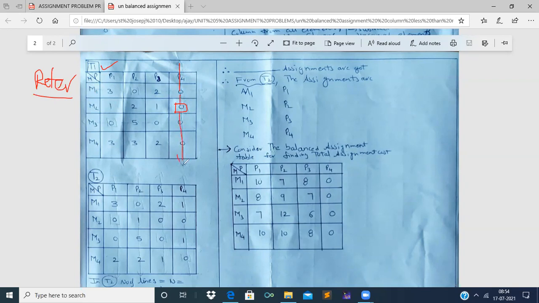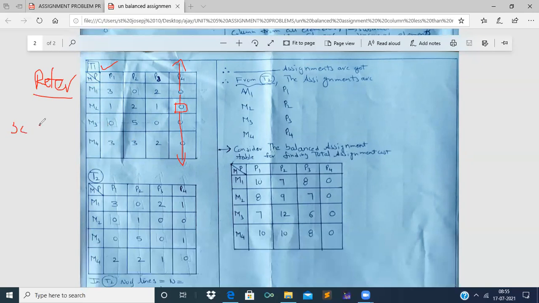Now, next, let us proceed for the third row. In the third row, we find 2 zeros, therefore don't disturb this third row M3. And there are no zeros in M4, so we should proceed for the next step, that is, the single column search.